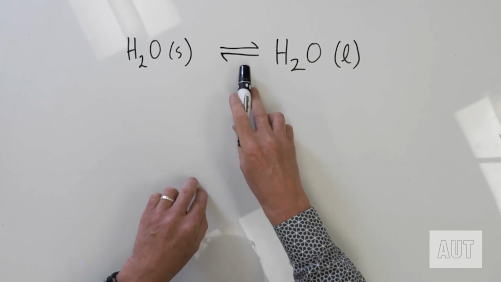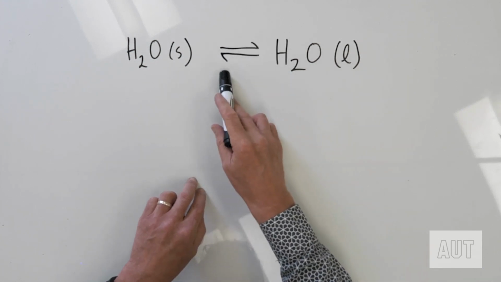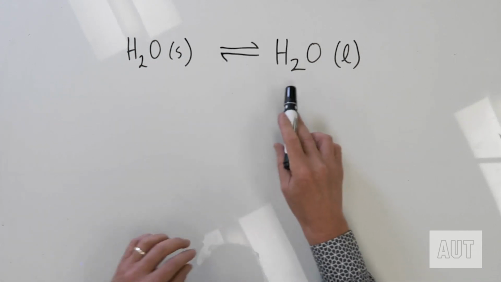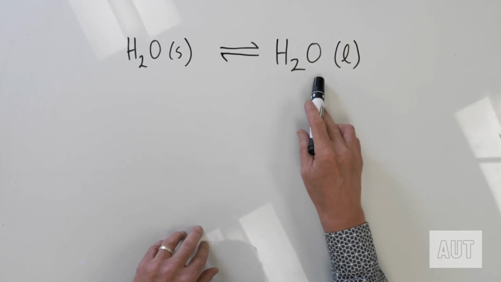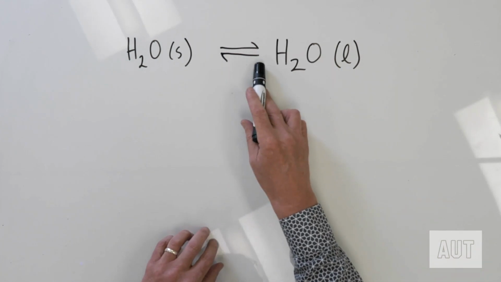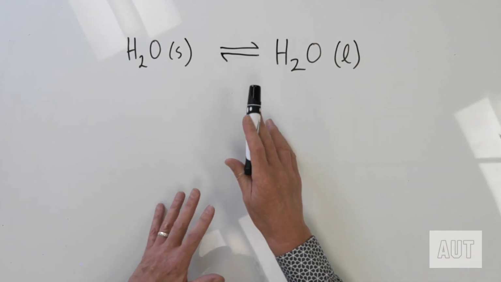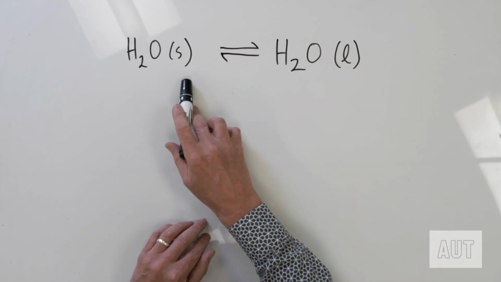Sort of a double half-headed arrow, one going in the forward direction, the other going in the reverse direction, for reasons that we'll see. And this is in equilibrium with liquid water, okay? Now, this equilibrium arrow implies that this reaction is going in both directions. And indeed, at equilibrium, it absolutely is, okay?